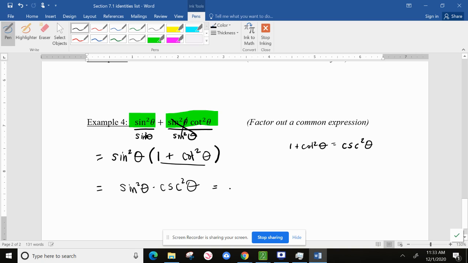Sine and cosecant are reciprocals of each other, and it doesn't really matter which one you decide to convert to the other, but definitely cosecant squared will be the same as 1 over sine squared due to those reciprocal identities. And there you go. It's another one of those ones. It doesn't always happen like that, but it seems to happen again quite a bit.